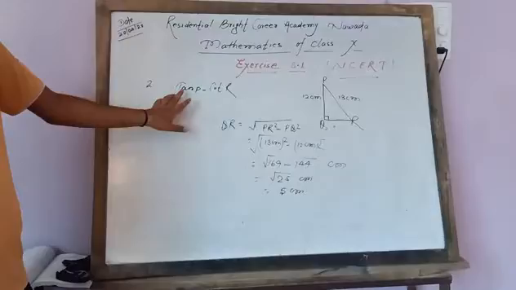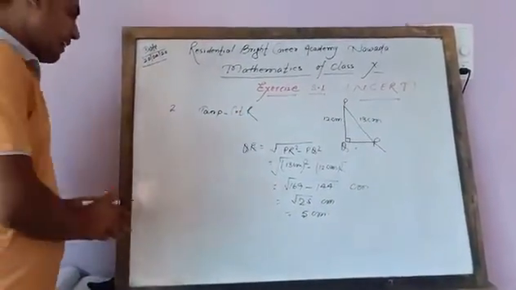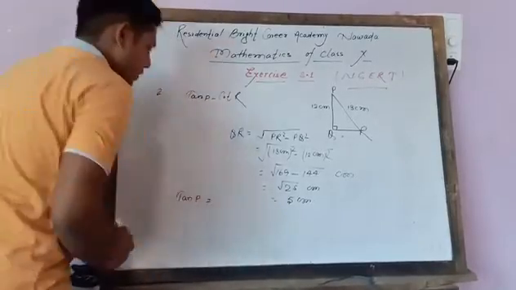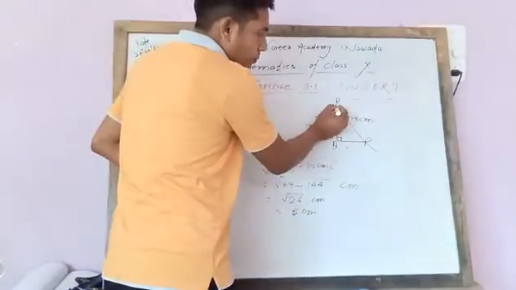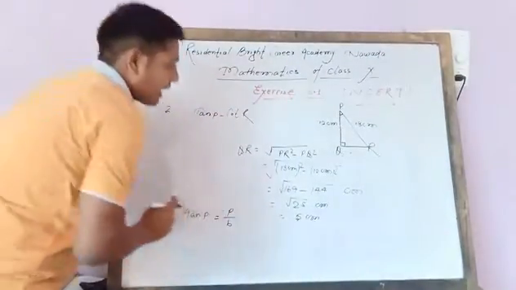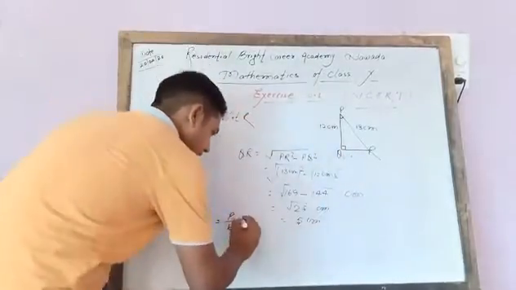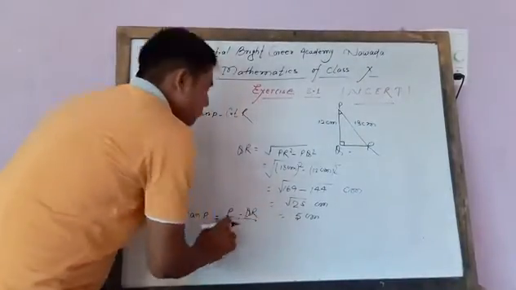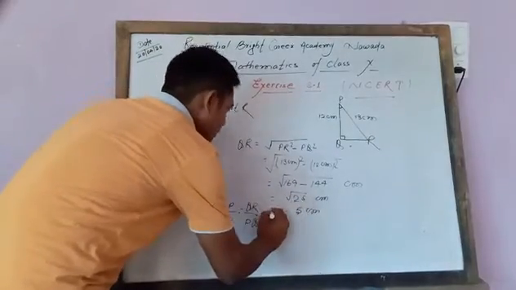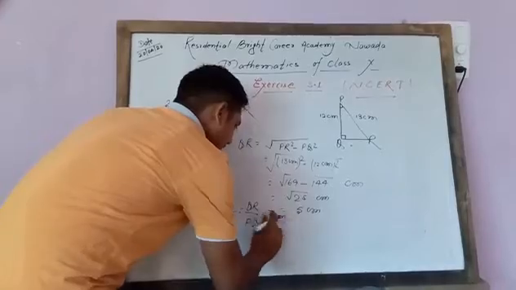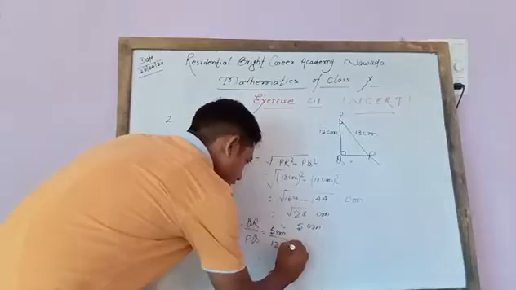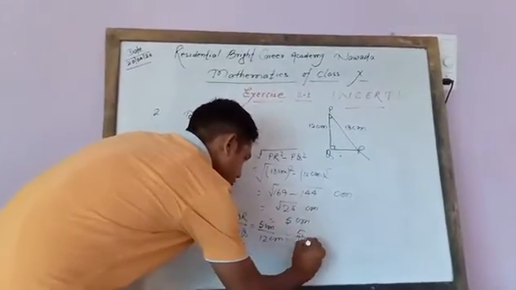Now we have to find the value of tan P minus cot R. At first, tan P. Here theta is equal to P, so tan theta is equal to P by B, and P becomes QR and B becomes PQ. Here QR is equal to 5 centimeter and PQ is equal to 12 centimeter. It means 5 by 12.